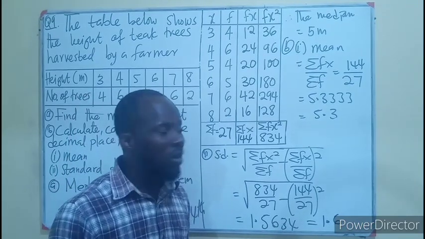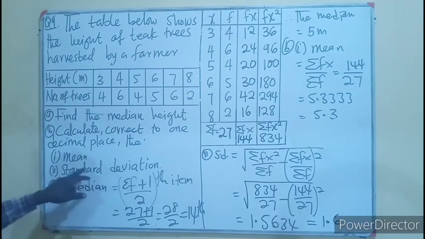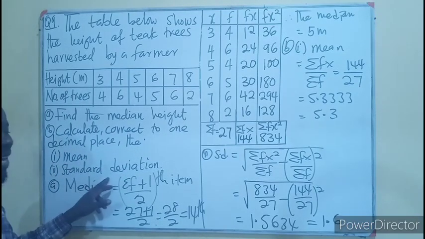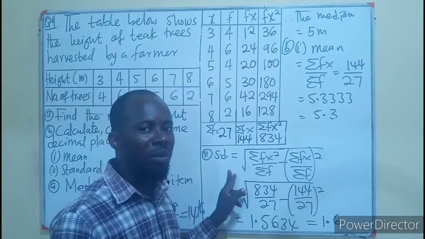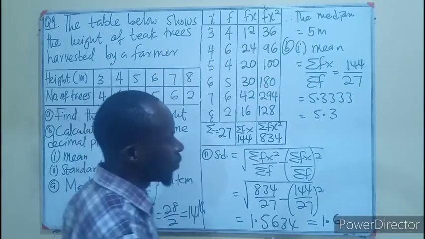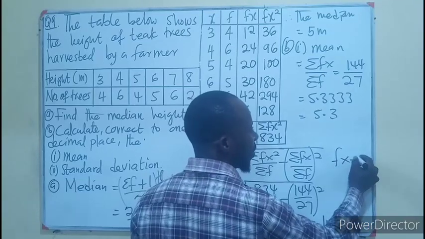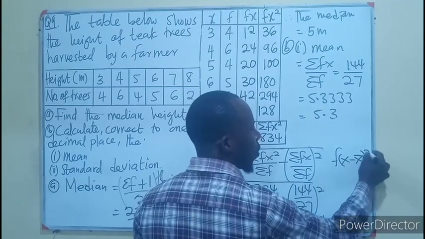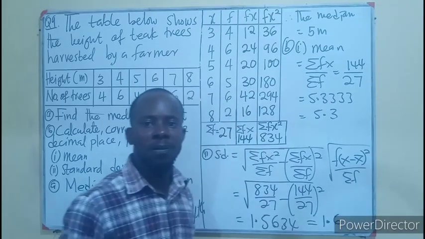So in all, we are able to find the median height, the mean and the standard deviation. I know this formula is not the only formula we can use to find the standard deviation. We can also use the square root of f times x minus the mean, all squared, over sigma f.